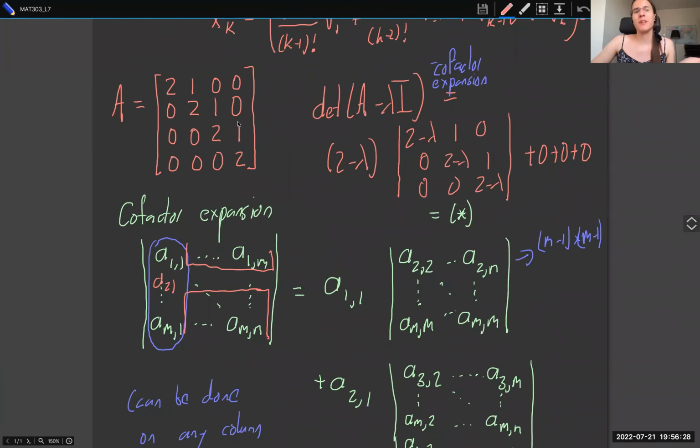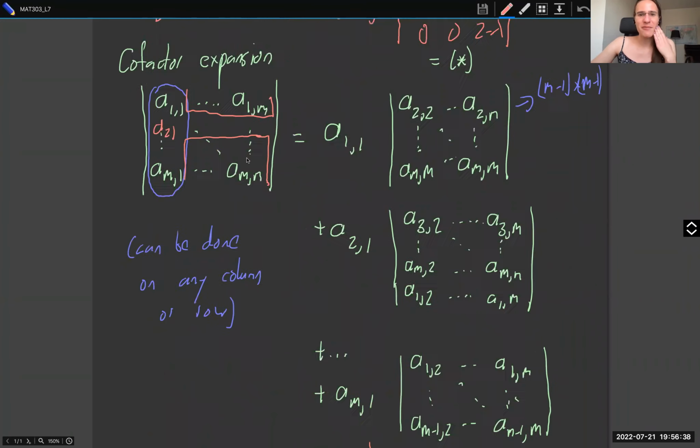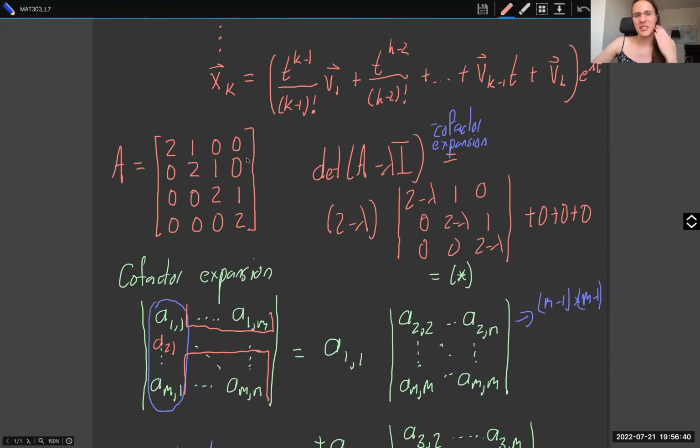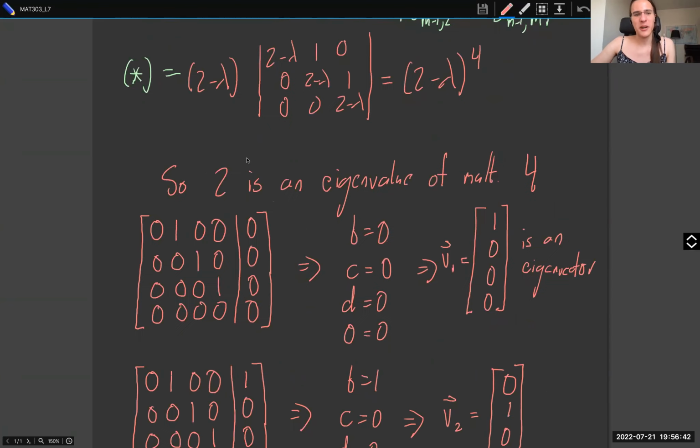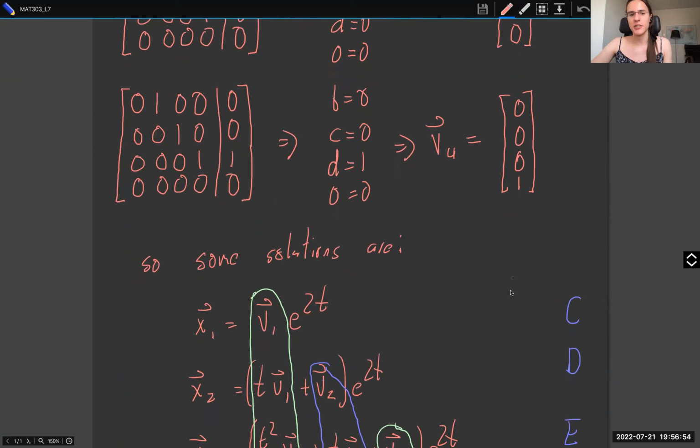So we did a calculation to determine that the eigenvalues were 2. Then what we did is we found an iterated basis for this, where each thing mapped to the successive thing. And then we found these vectors, and they were the unit vectors.